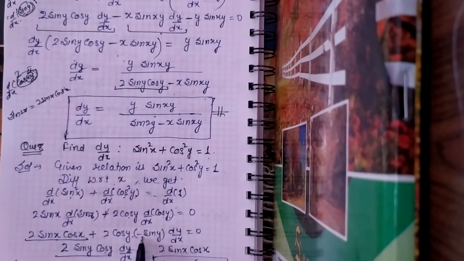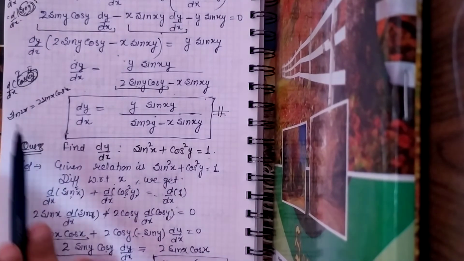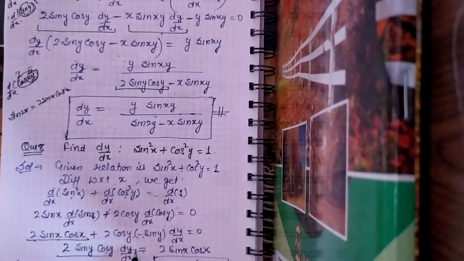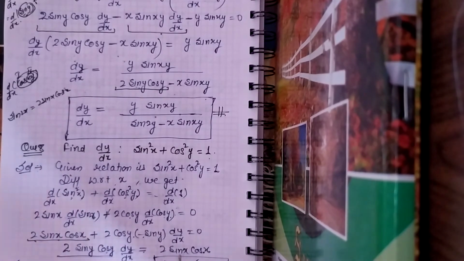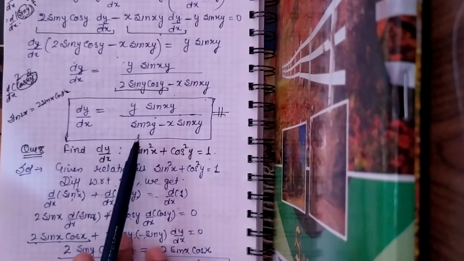So 2 sin y cos y dy by dx taken to the other side, negative term becomes positive, is equal to 2 sin x cos x. So what is the formula of 2 sin y cos y? That is sin 2y into dy by dx is equal to 2 sin x cos x is sin 2x. So dy by dx is equal to sin 2x upon sin 2y. That is the answer of the 8th question.